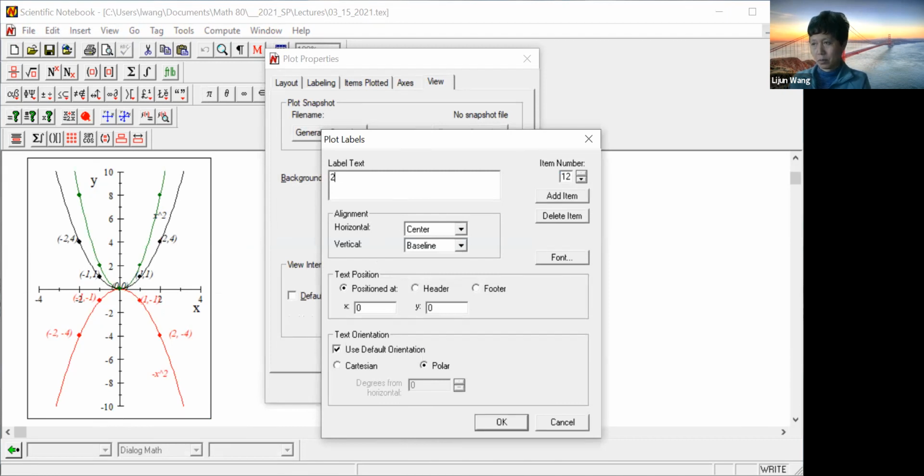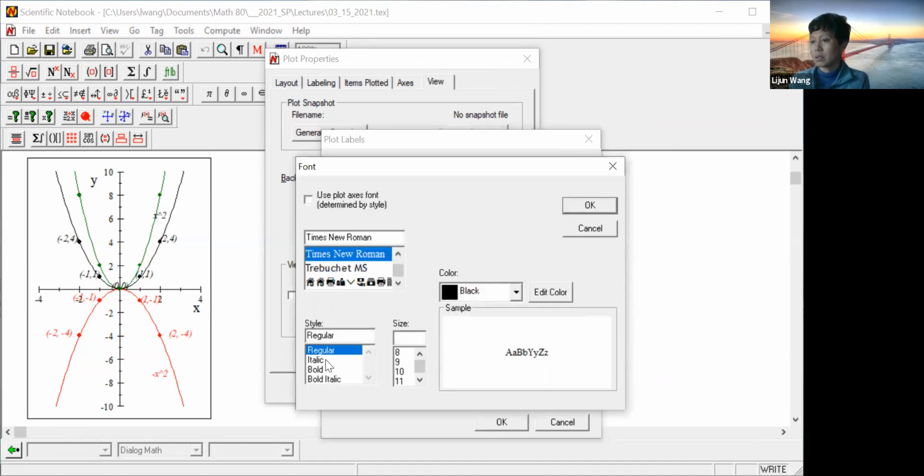Two times x squared. I'm going to put it at level 9. Green.